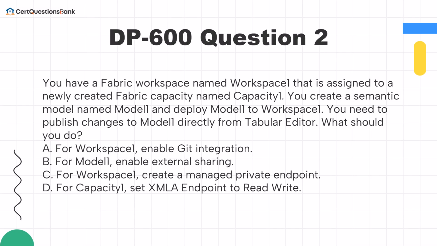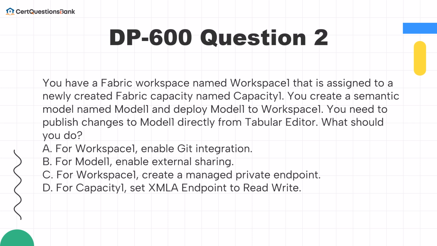You have a Fabric workspace named Workspace 1 that is assigned to a newly created Fabric capacity named Capacity 1. You create a semantic model named Model 1 and deploy Model 1 to Workspace 1. You need to publish changes to Model 1 directly from Tabular Editor. What should you do?